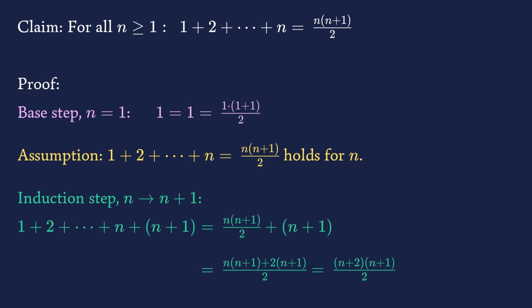But here is the next common stumbling block. When you use induction to prove formulas like this one here, you have to make sure that the final form in the induction step contains n plus 1 explicitly. We have to see the n plus 1 at the same places the n from the induction assumption is in. In this example, this is rather simple, but with more complex examples, it might not always be obvious how to get there.